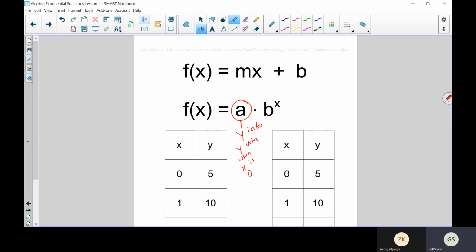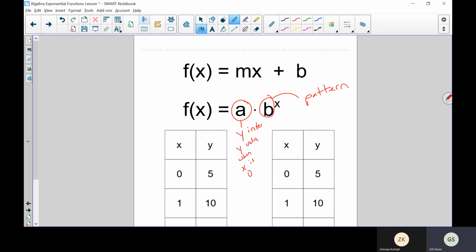But it's confusing because we just had B was the y-intercept up here. Now A is the y-intercept. So just make sure you draw attention to that in your notes because it's the opposite of the linear equation. And then the B value is the pattern.